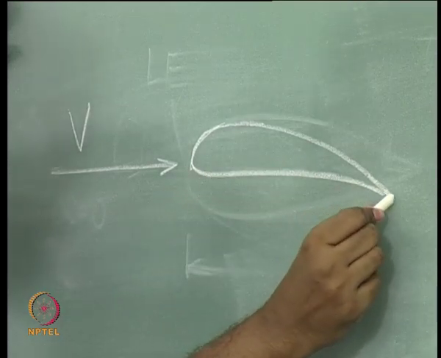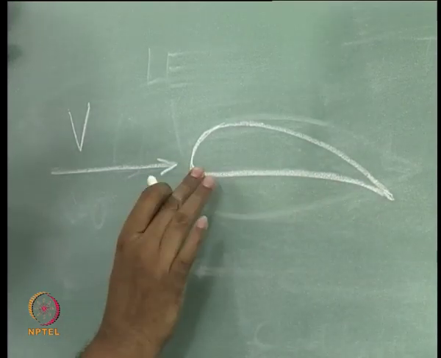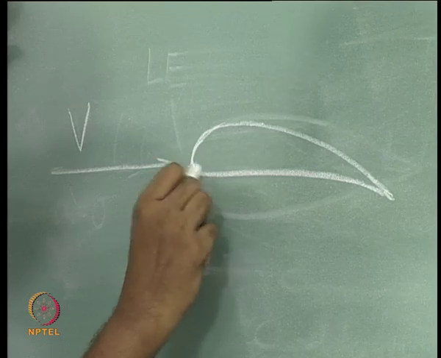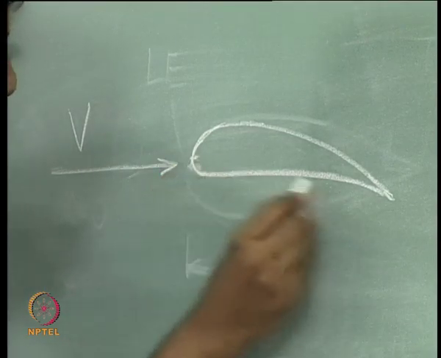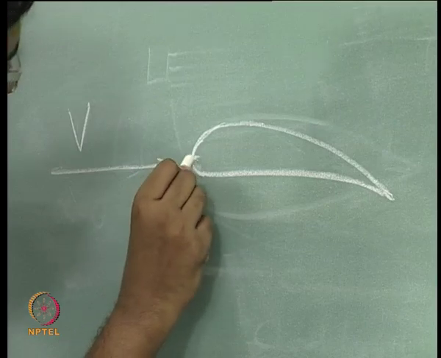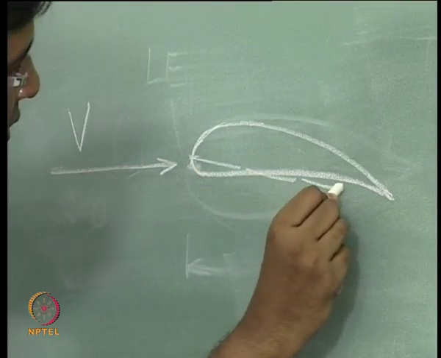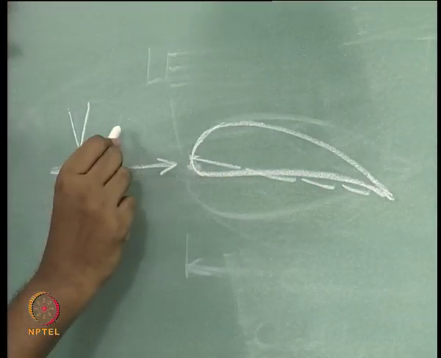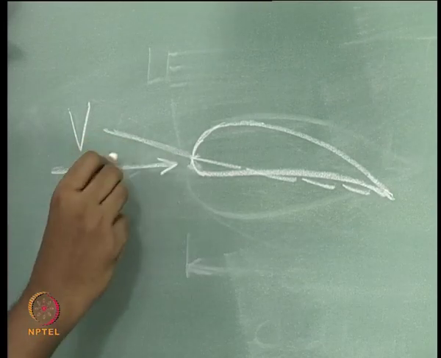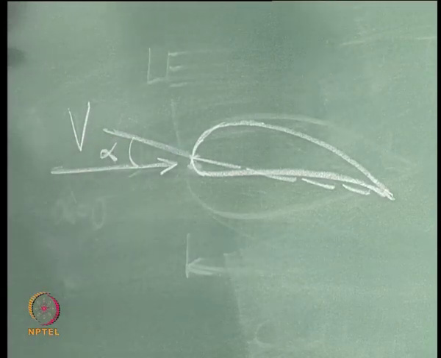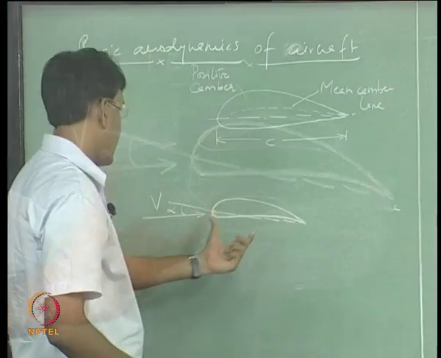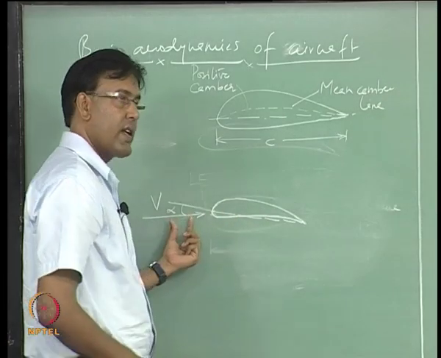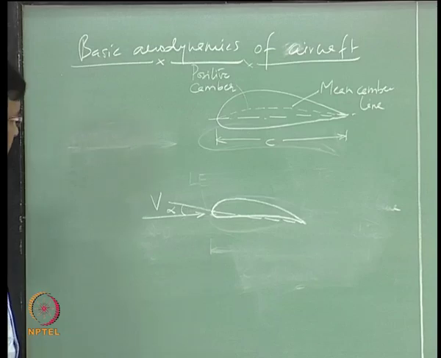So, this is one such airfoil. The chord line is joining the leading and the trailing edge. What you are seeing here is that by giving a camber to your symmetric airfoil, there is an increase in angle of attack.